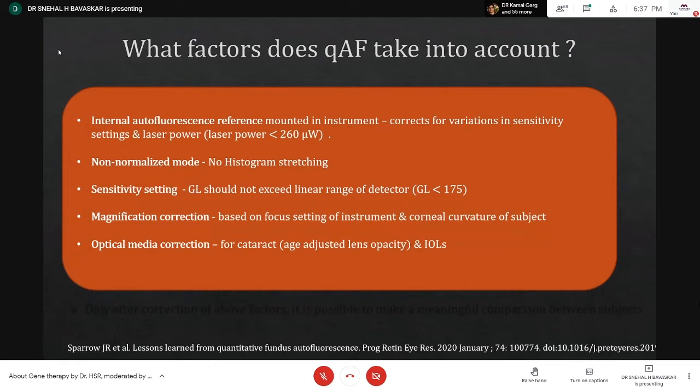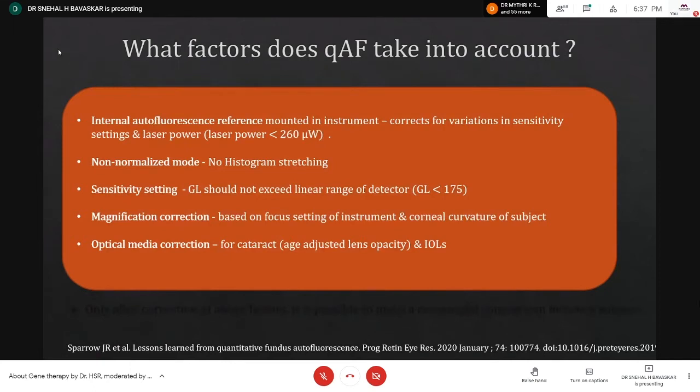Some other factors which are important are no histogram stretching. Histogram stretching basically occurs in a conventional fundus autofluorescence where there is increase in the image contrast due to change in the image processing. The other factors, I won't go into much detail, but one important thing to be noted is the optical media correction.